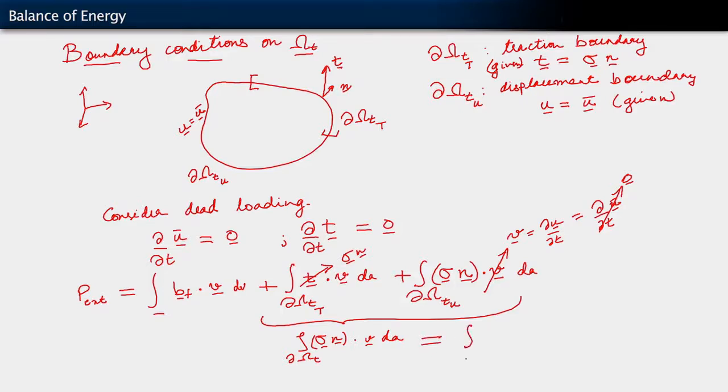From the divergence theorem, this is equal to the integral over omega t of the divergence of v dot sigma dV. So this is what happens in the case of dead loading.